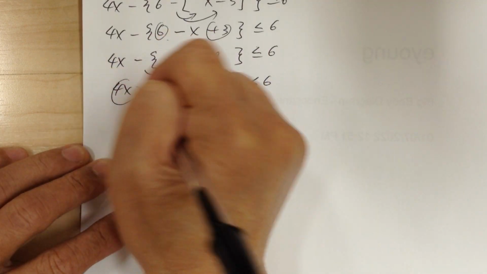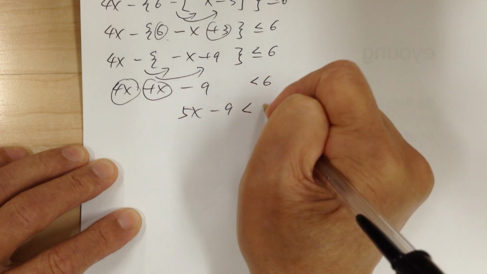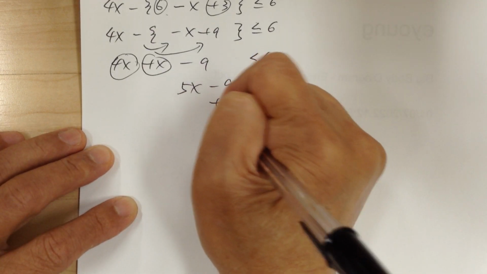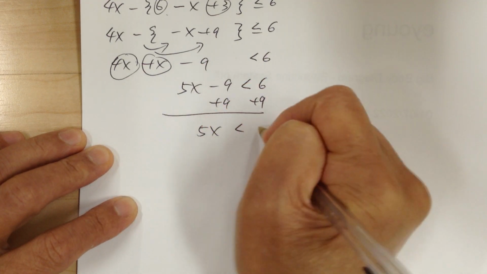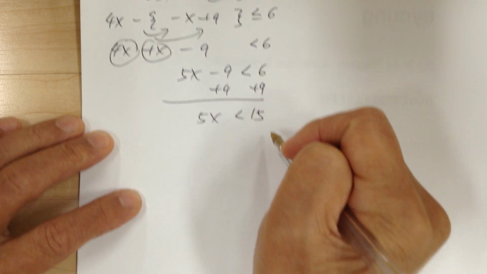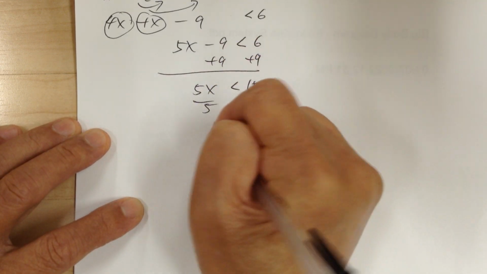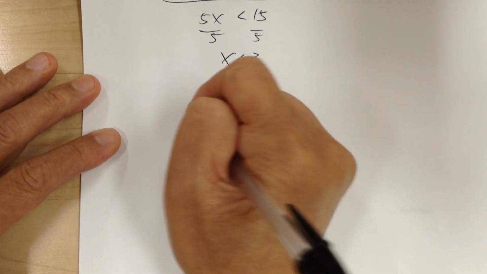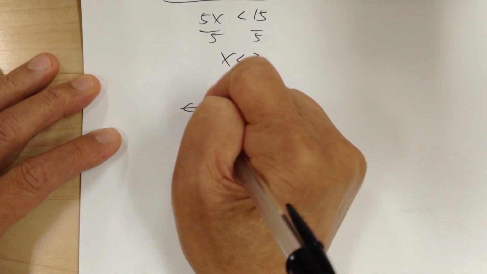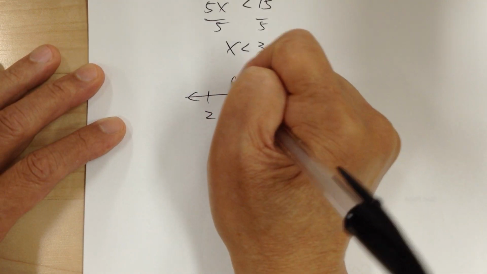Okay, I'm going to combine my like terms. So I get 5x minus 9 is less than or equal to 6. And I'm going to plus 9 on both sides. So I get 5x is less than or equal to 15. And then divide by 5, so I get x is less than or equal to 3. Okay, so when you graph, the 3 in the middle, so it would be 4 and 2, and this would be going this way like this. Okay.